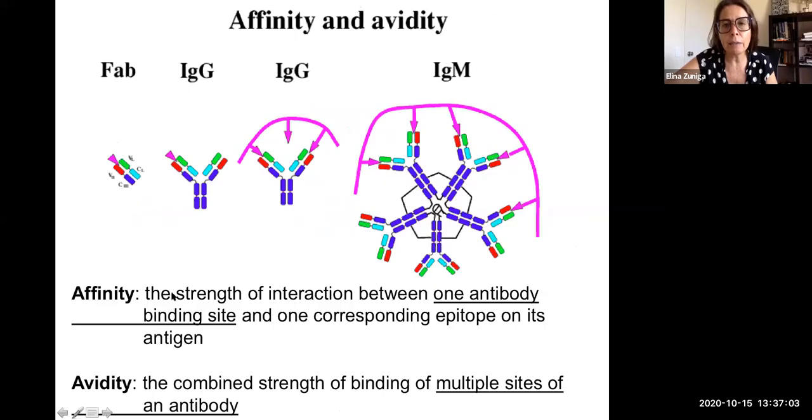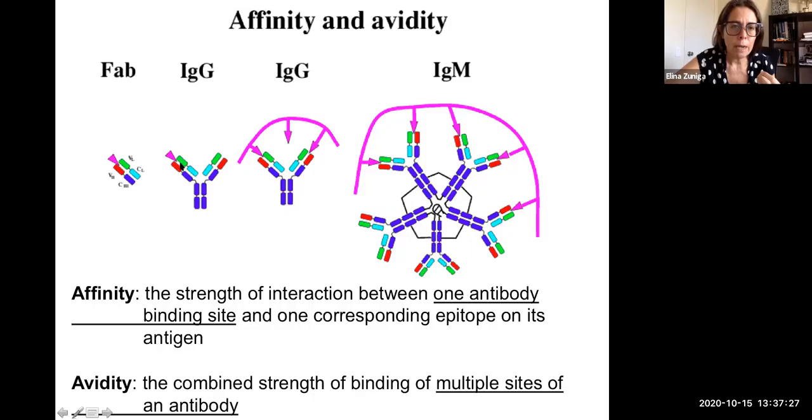And that's the difference between avidity and affinity. So affinity is the strength of interaction between one antibody binding site, here one antibody binding site in one Fab, and one corresponding epitope on its antigen. So this is the affinity.